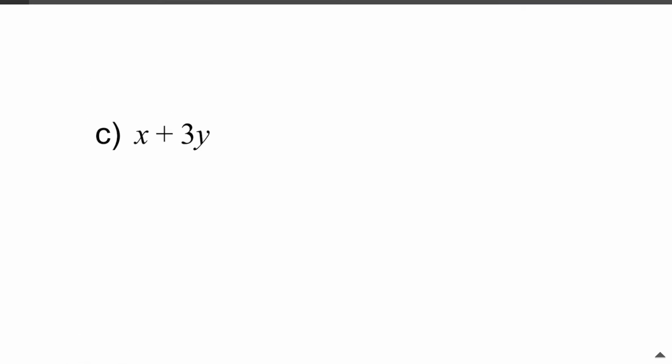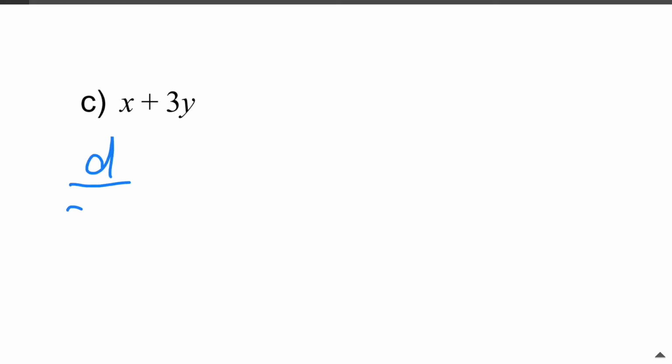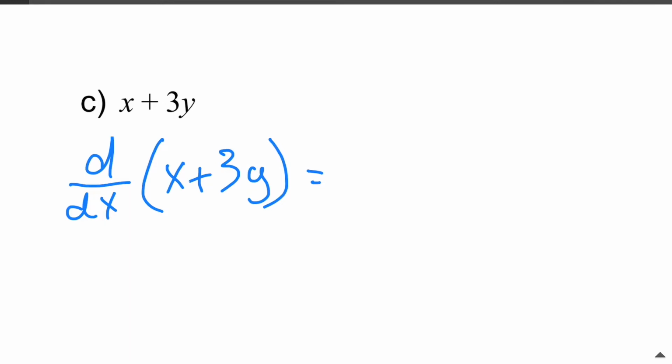All right, with this third example, you have x plus 3y. We want to find the derivative d dx of this expression, x plus 3y. The way we do that is we take the derivative of each piece. So the derivative of x is 1 dx. I'm going to write the dx's in today just so you guys get the sense of what's going on with it, plus 3.